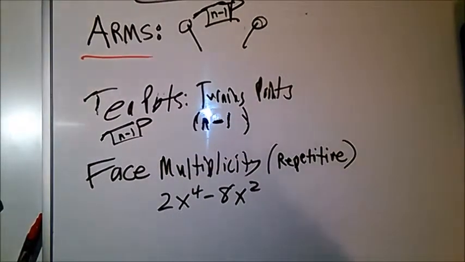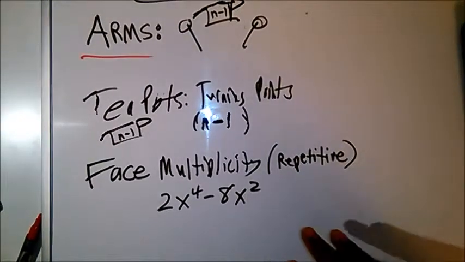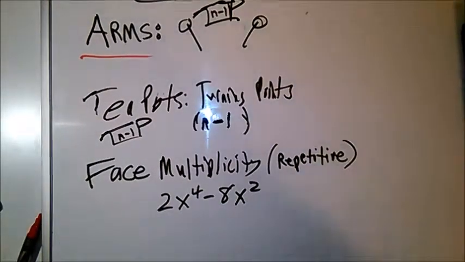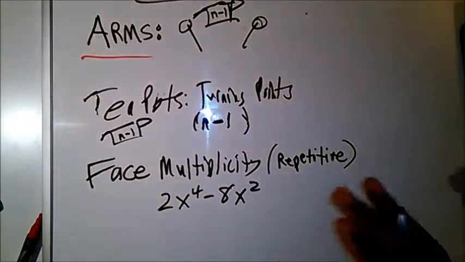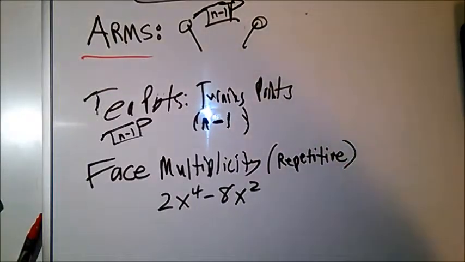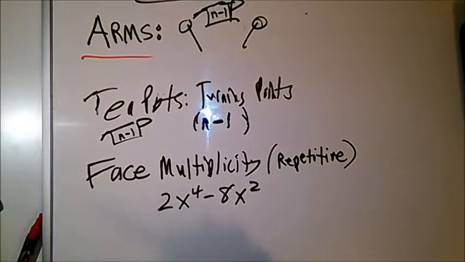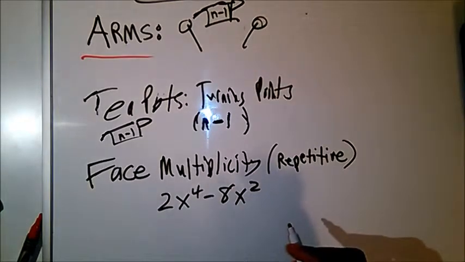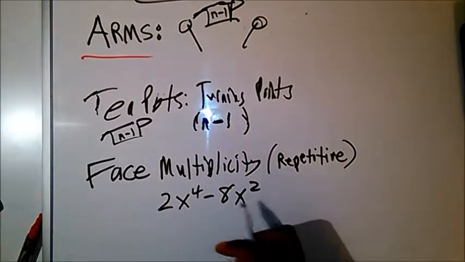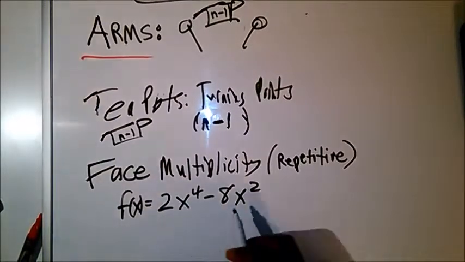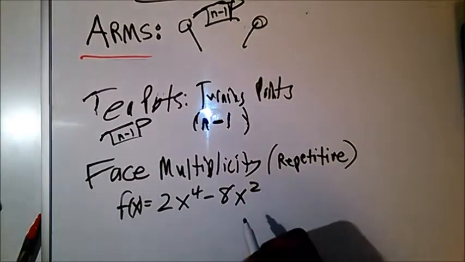Now, when you're determining the face multiplicity, we're finding each real zero and its multiplicity. I'll explain to you what multiplicity is later. And then we're going to see if the graph crosses the x-axis or touches or turns around at the x-axis. Okay, so let's find the face multiplicity of this function here. F of x equals 2x to the fourth power minus 8x squared.